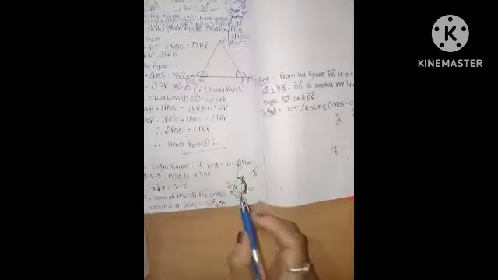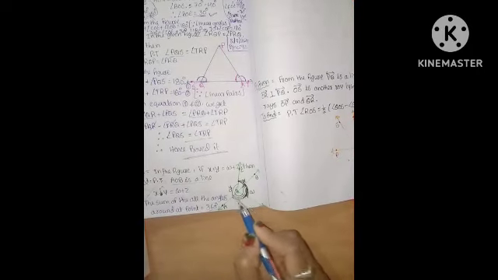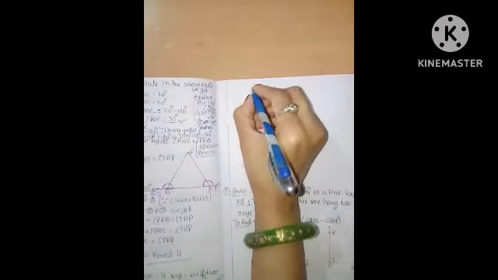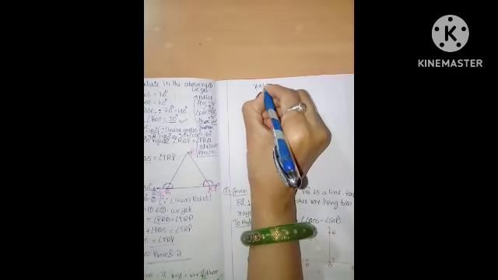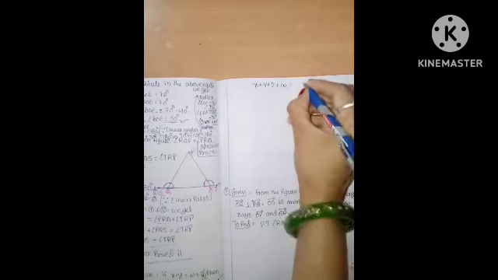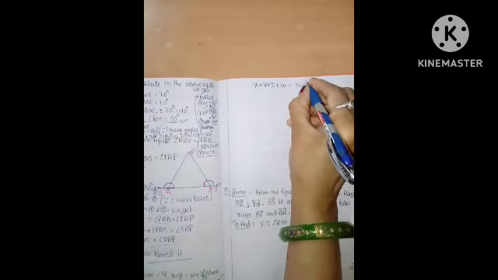So all the angles means x plus y plus z plus w is equal to 360 degrees. Equation 1: x plus y plus z plus w is equal to 360 degrees.